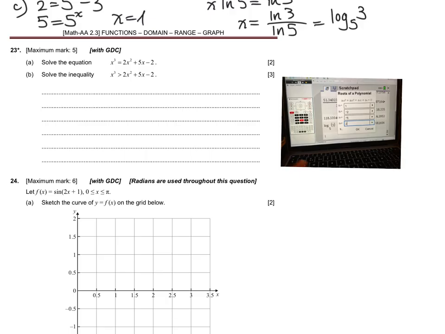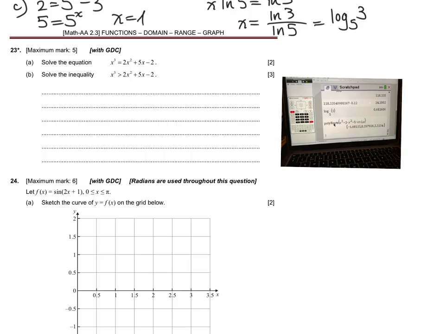And then just enter. All right, so those are your 3 x's.